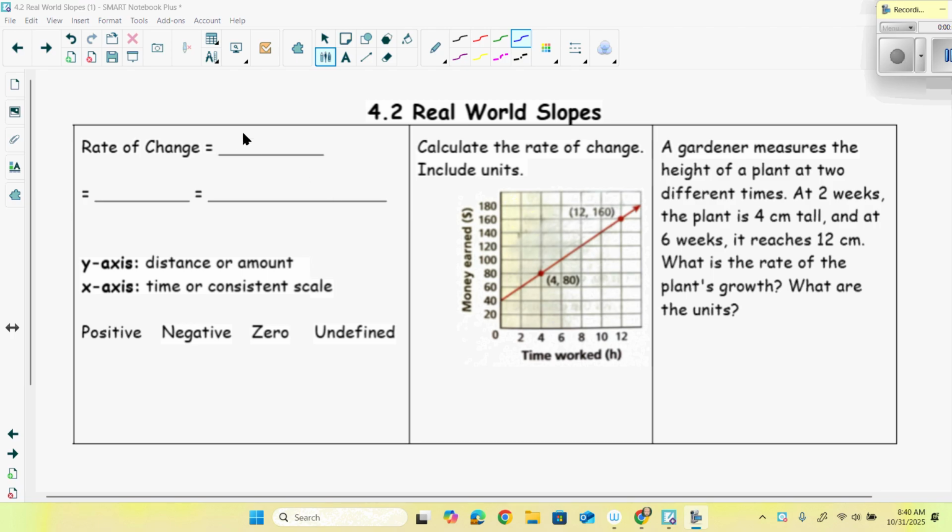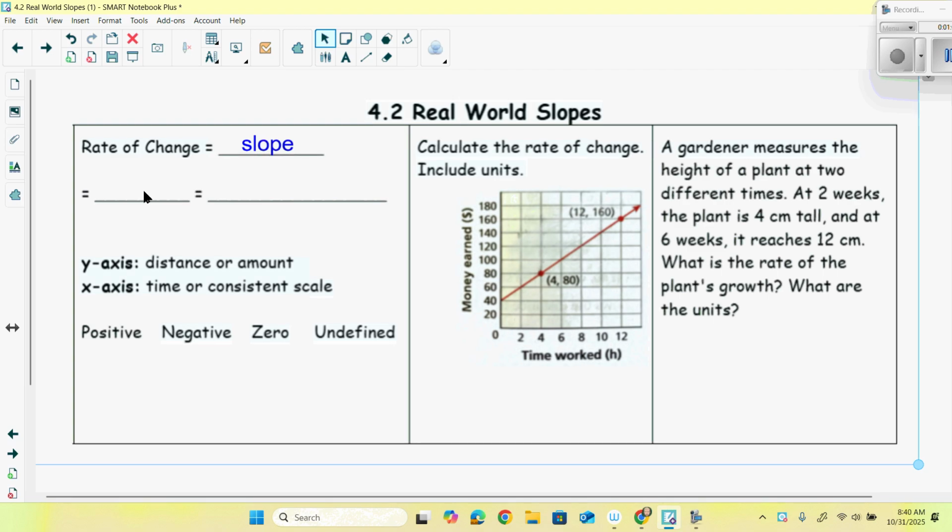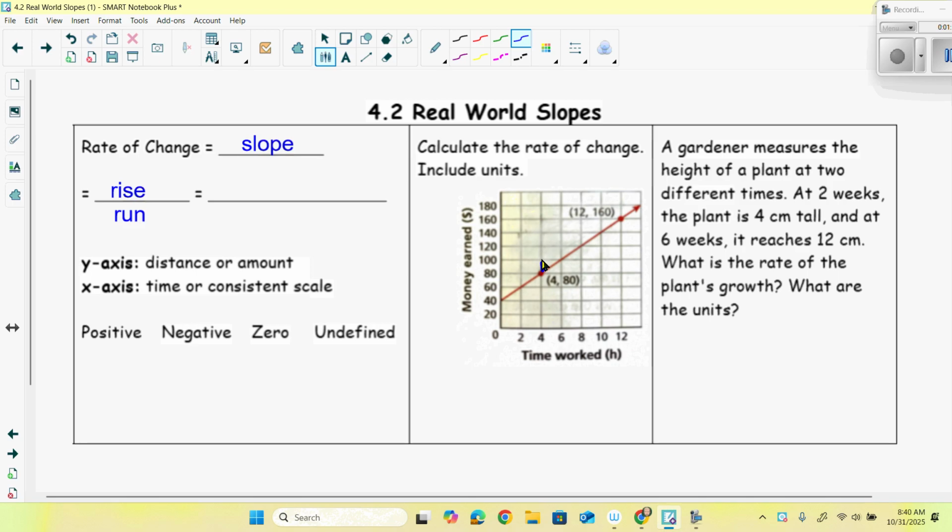So here we go. For our rate of change, we're now going to finally call that a slope. That's kind of the math term. And how we get that is we look at the rise over run of a line. When you look at something like this, the rise and then the run, to get to what we call a lattice point here, this rise over run has to equal this rise over run, has to equal every little rise over run.